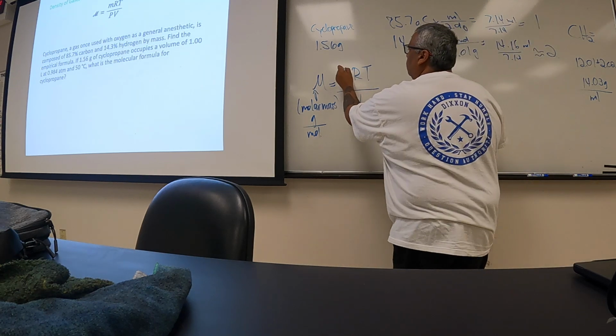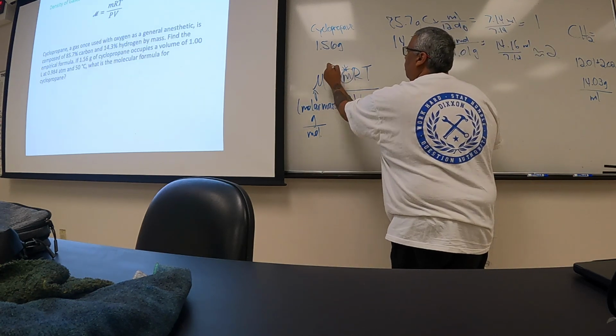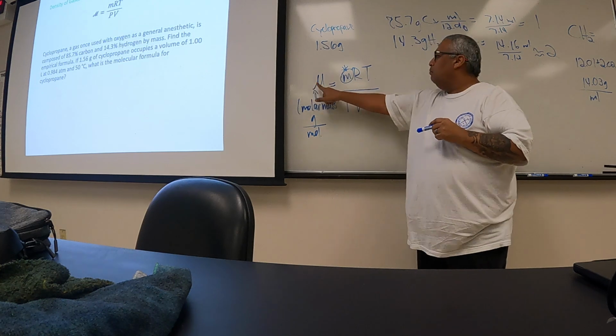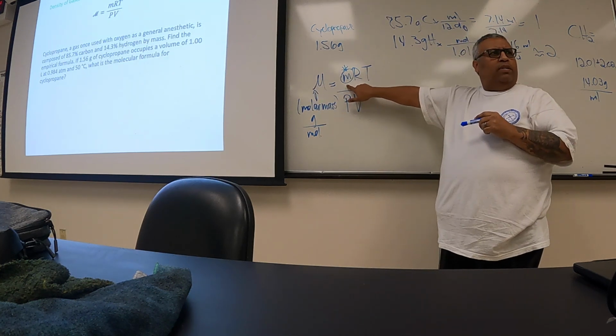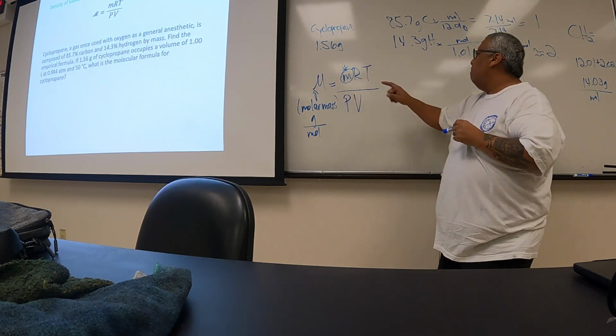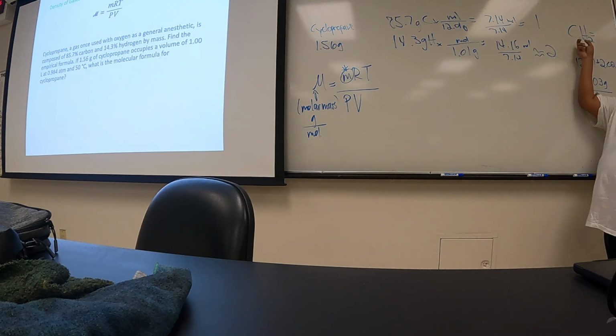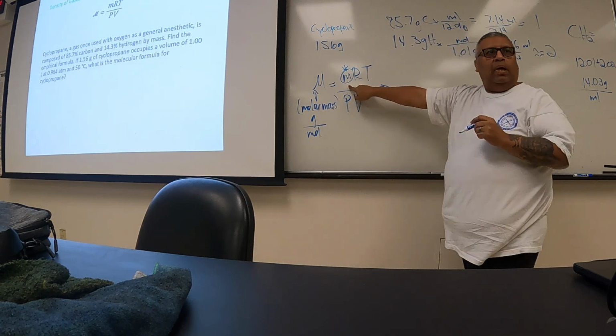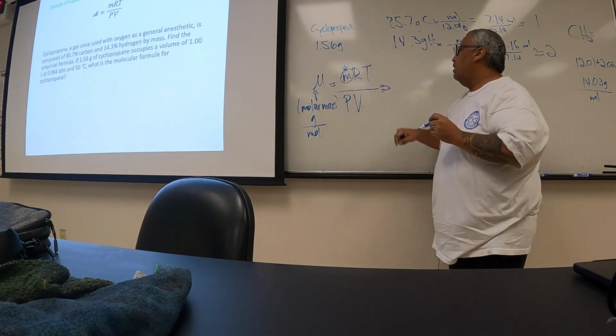Now, if I know the molar mass, and this is what I'm trying to figure out here, I want to know what the mass of this is. So let's rearrange this formula in order to determine what this mass is.